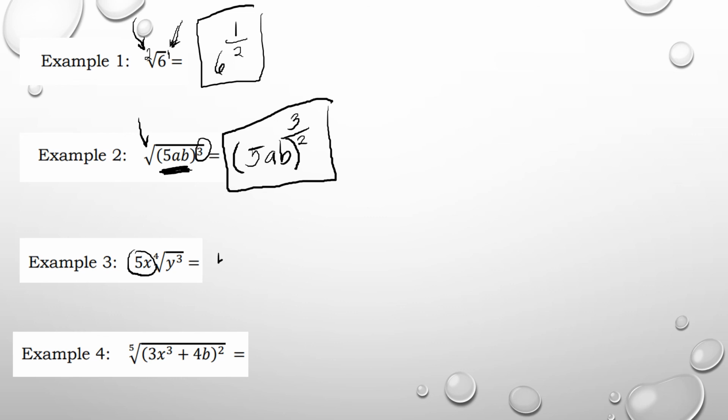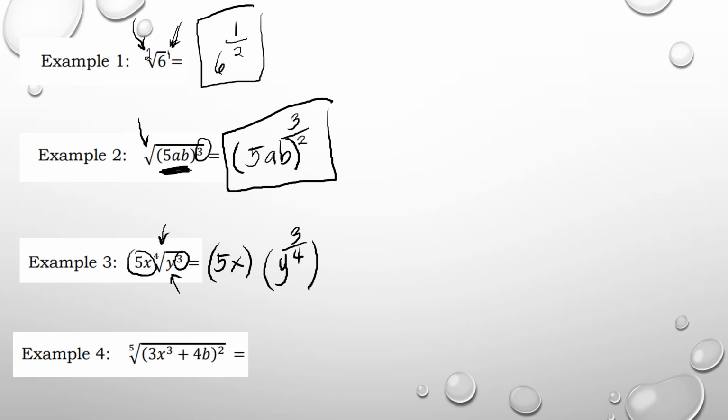Dahil nasa labas siya, lalagyan natin ng parentheses. Okay? And then, always remember that the base will stay the same. So, we will write y. Ano mangyayari sa exponent? That would be the numerator. And the index would be the denominator. So, that would be y raised to 3 over 4.